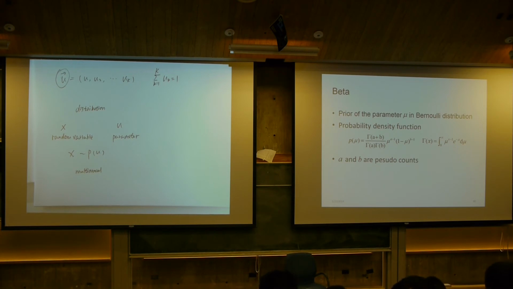Since mu is continuous, this probability is called a density function. In this density function, we have two parameters, A and B. Next, we are going to discuss the meanings of these two parameters.